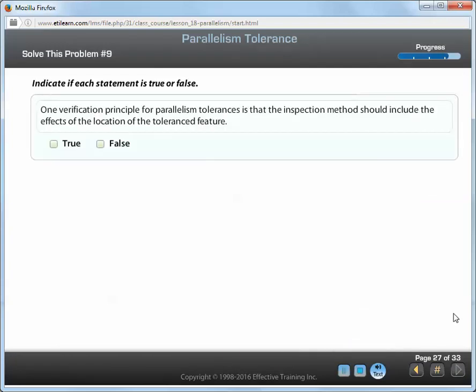One verification principle for parallelism tolerances is that the inspection method should include the effects of the location of the toleranced feature.